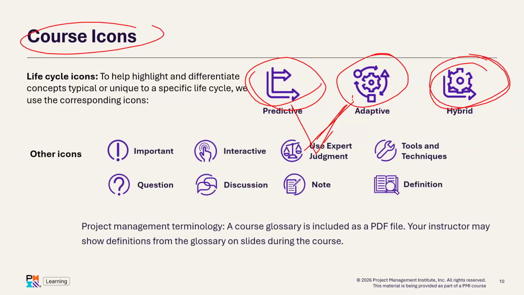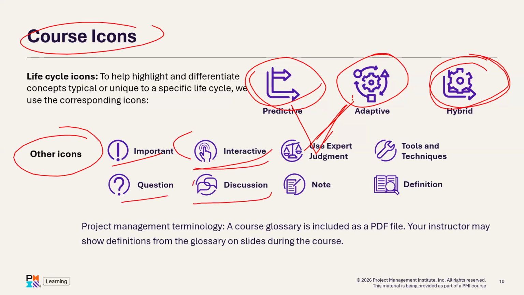Again, you will see in your materials these other icons. This means it is an important concept. You need to take notes. Question: this is an interactive session. So the moment you see this, it means you are going to have an interaction, you are going to have a discussion. It means that this is something that you need to apply your expert judgment.